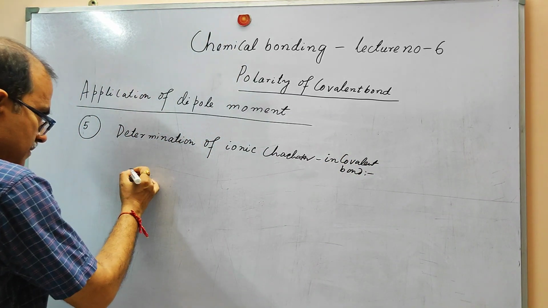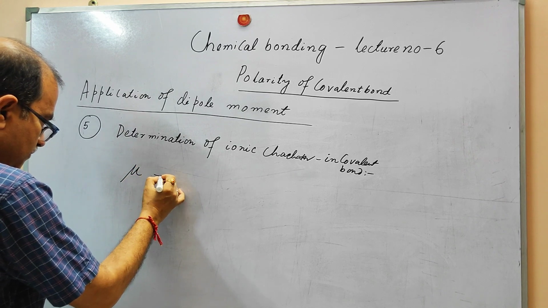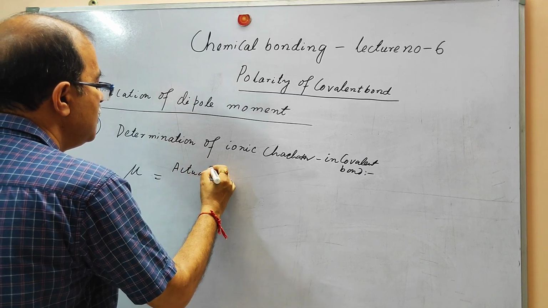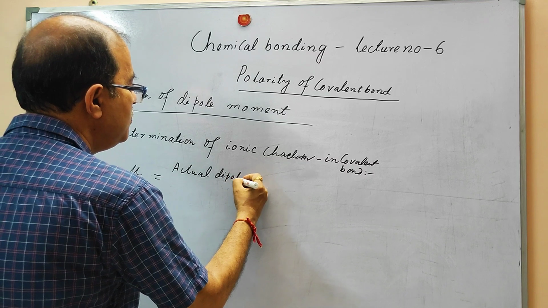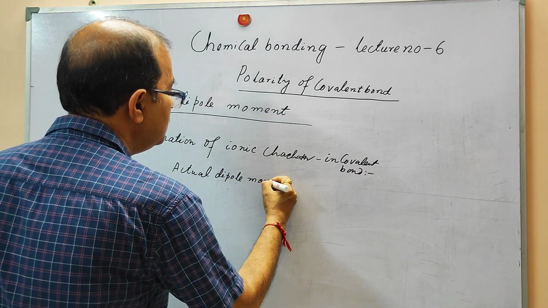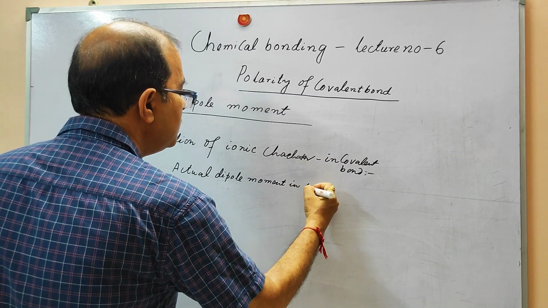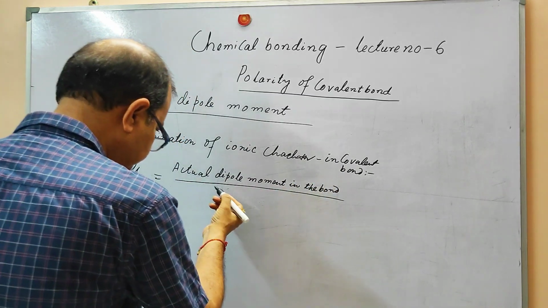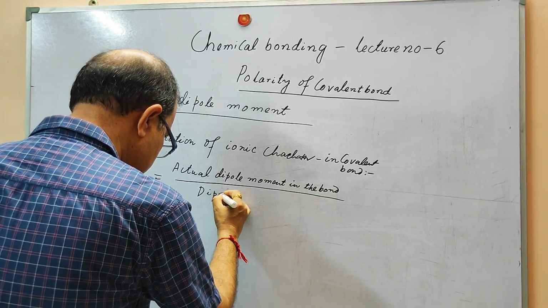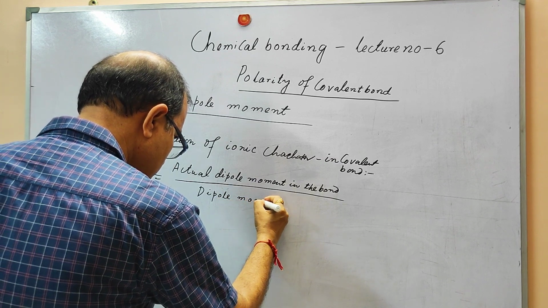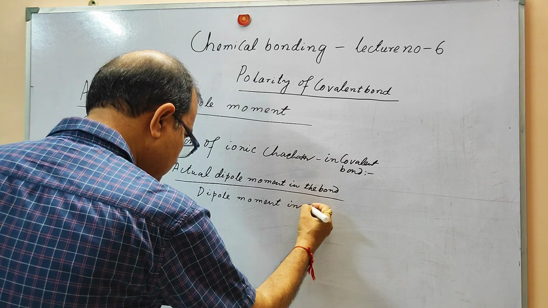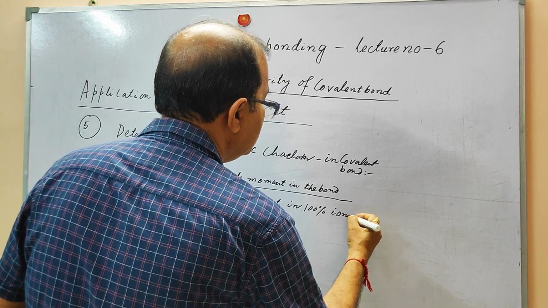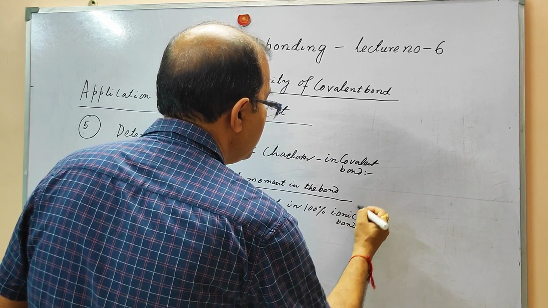How can you calculate it? Mu is the dipole moment, and the percentage ionic character is the ratio of the observed dipole moment in the bond divided by the dipole moment in a 100% ionic bond, into 100.